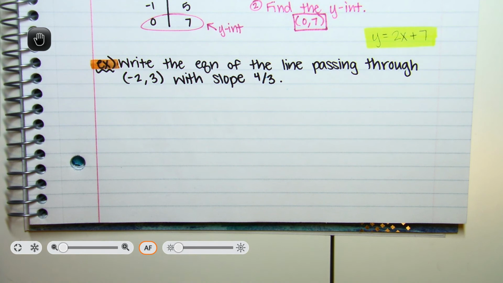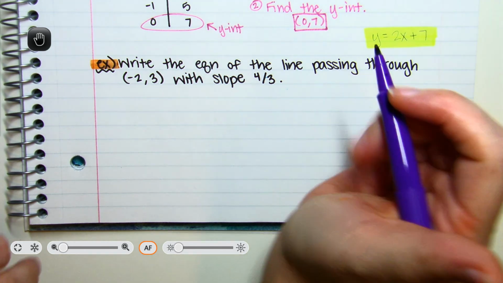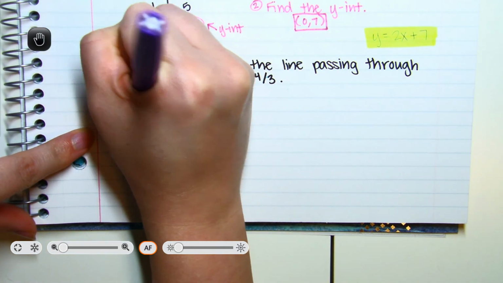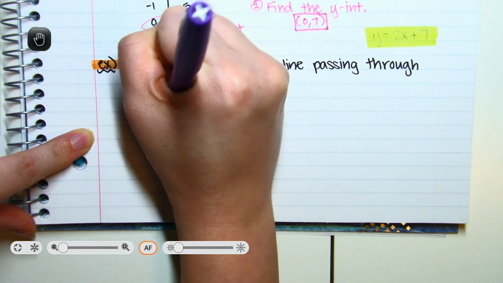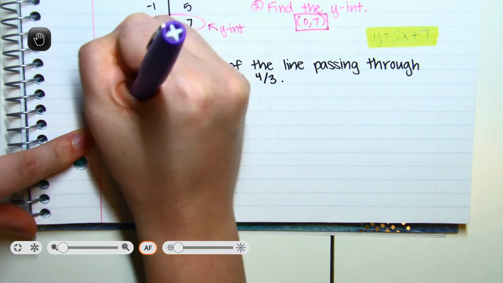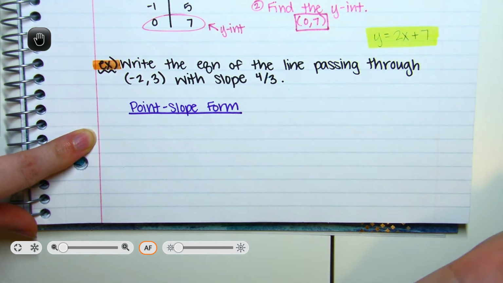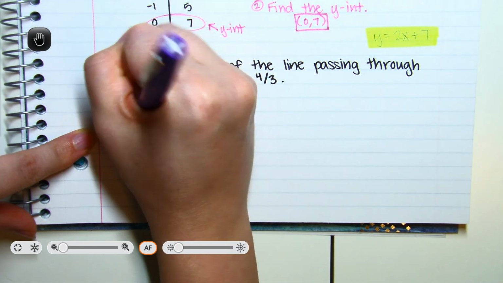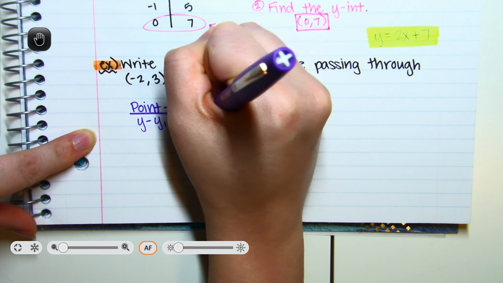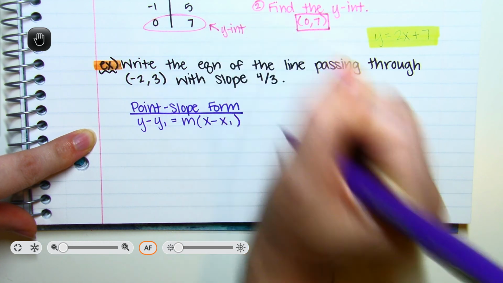So there's this formula called point slope form, which is honestly really helpful, especially for things like this. This is the equation. y minus y sub 1 equals m times x minus x sub 1.